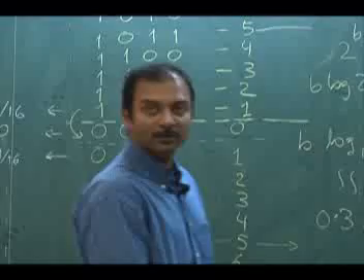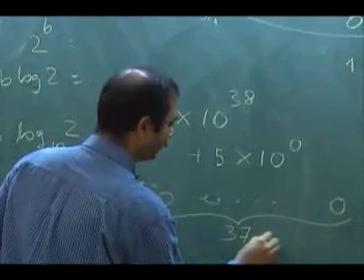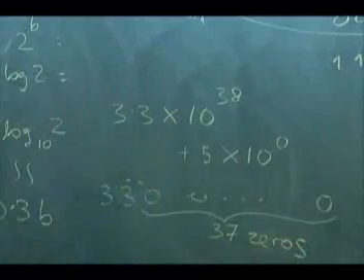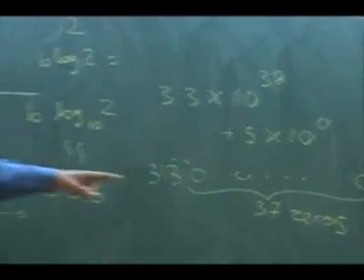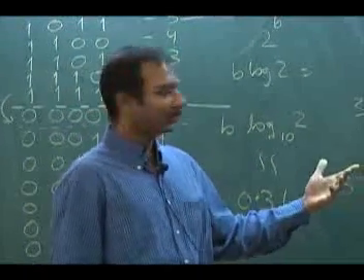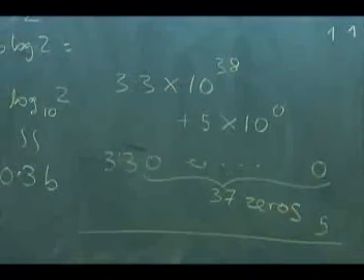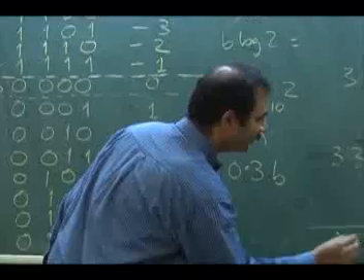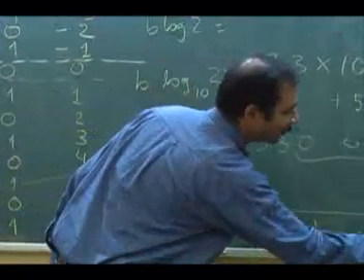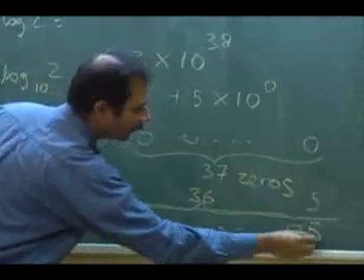Approximately 37 zeros, right? That's the first number which has now been denormalized. And then you add the 5 here. So you get 3, 3, followed by 36 zeros, followed by a 5.